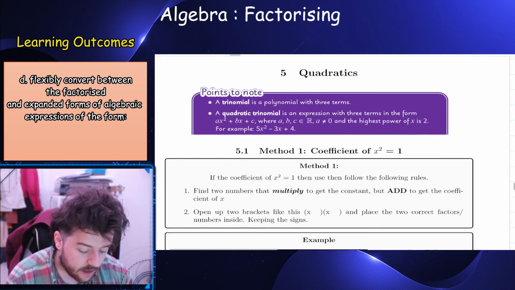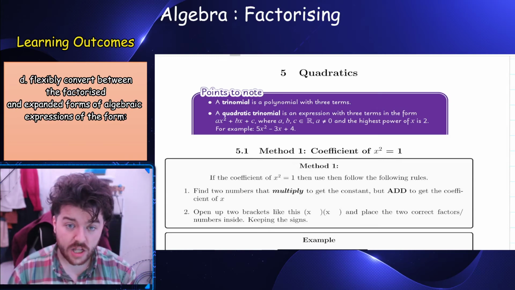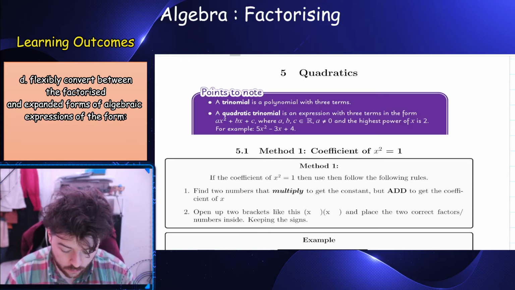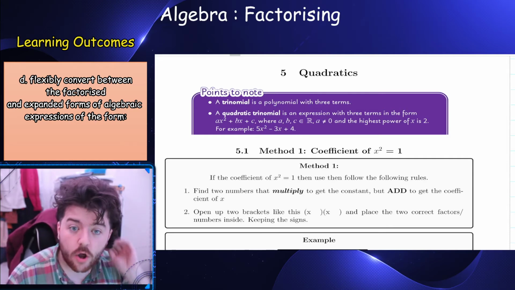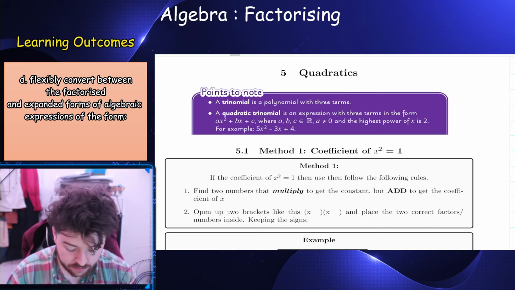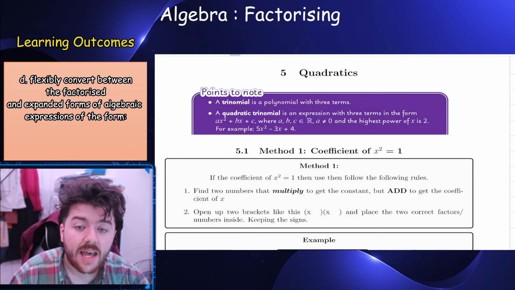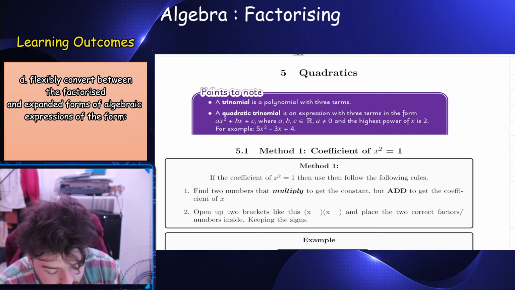Now, our final method of factorizing is quadratics. A trinomial is an algebraic expression with 3 terms. And a quadratic trinomial is an expression with 3 terms in the form ax squared plus bx plus c.